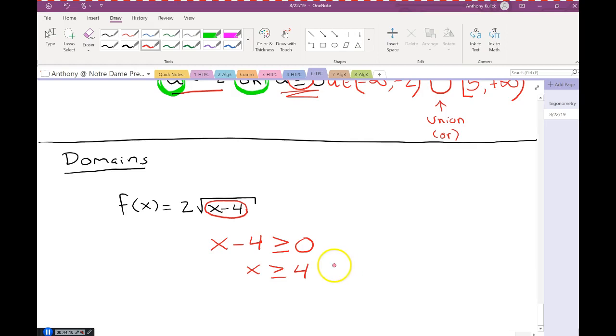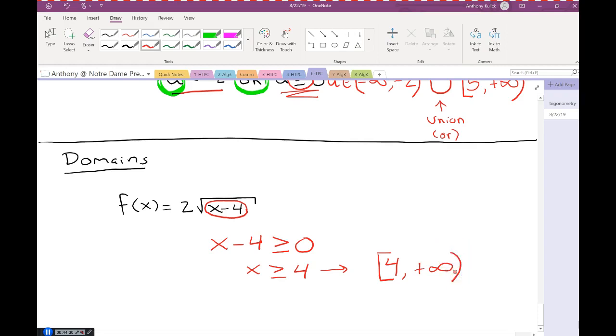The last thing I'm going to do is write this in interval notation. So x is greater than or equal to 4. The lower bound is 4. The upper bound is infinity. The 4 gets a bracket because it's a greater than or equal to.